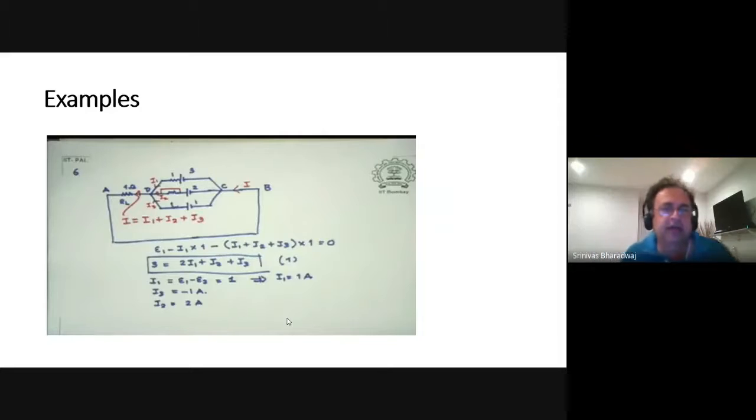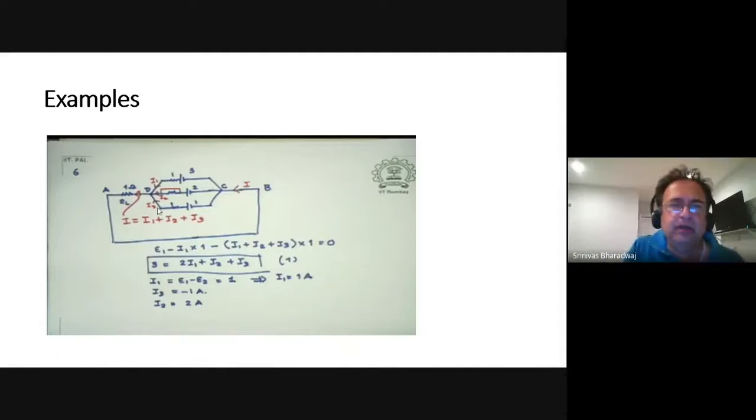So here's this problem. He has got three cells in parallel. So you have I coming in equals E1 minus I1 plus I1 plus I2 plus I3 times 1 equals 0. So he's got three equations and three unknowns, right? I1 plus I2 plus I3 is the current going through this one, so 1 times I1 plus I2 plus I3 is the voltage drop across this, right?